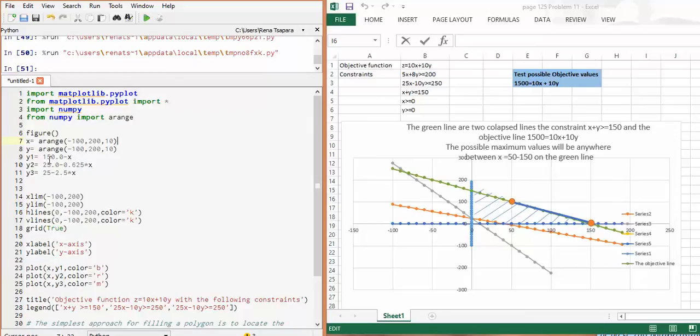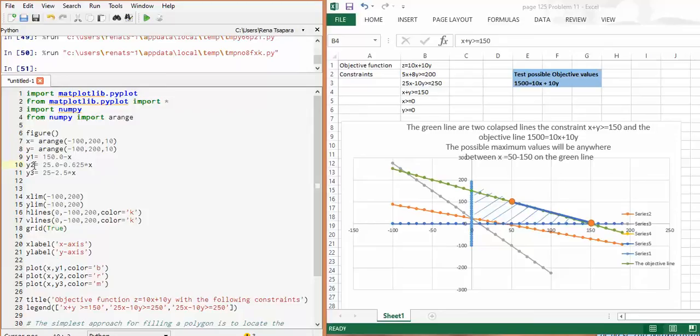At the next step, we define what is y1. So basically what we need to do is to take this equation here and solve it for y. Once we have it for y, we store 150 minus x to y1, where the x moves from negative 100 to 200.